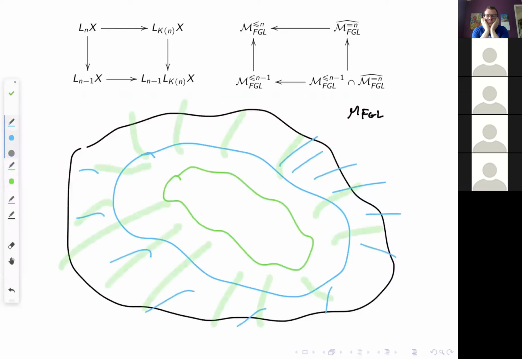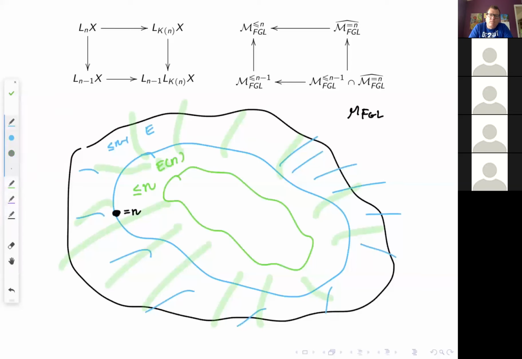Okay. So let's call the blue less than or equal to n minus 1, and then the green is going to be the stuff that's less than or equal to n. Right on the boundary, there's a point which is the formal group laws whose height is equal to n. You want to think of this less than or equal to n stuff as the open set corresponding to En.